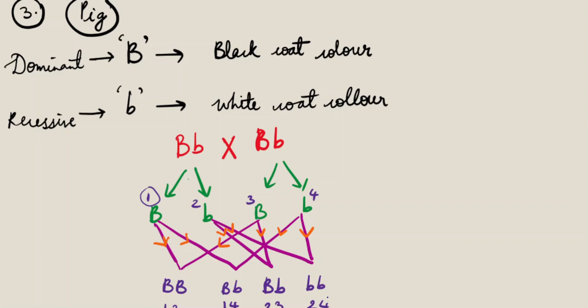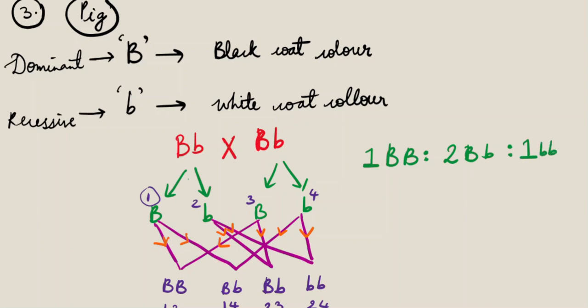When it is 2 with 4, you get small b, small b. So they were asking what is the probability. You can see that capital B, capital B, you have got one time, capital B, small b, you have got 2 times, and small b, small b, you have got 1 time.